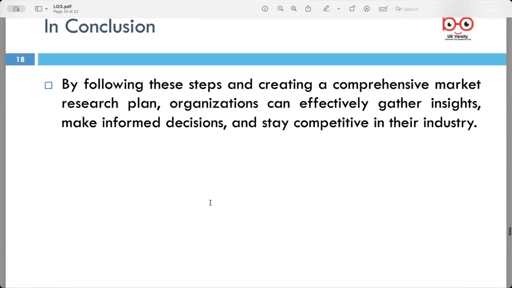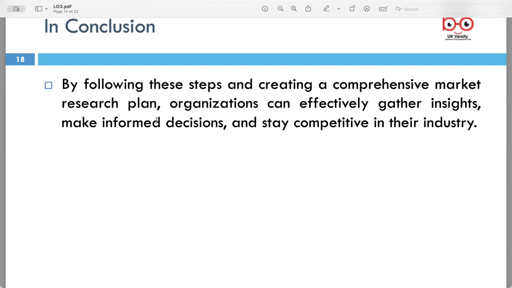So by following the steps outlined in the market research plan and creating a comprehensive strategy, organizations can effectively gather insights, make informed decisions, and maintain competitiveness in their industry.